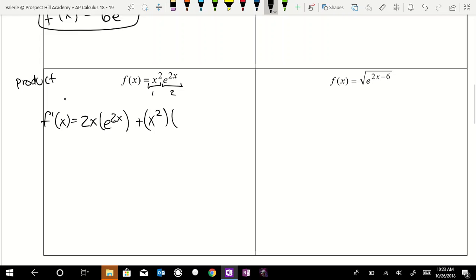So e to the 2x will turn into e to the 2x times 2, because we need the derivative of that 2x. So the derivative of f of x is equal to 2x e to the 2x plus 2x squared e to the 2x.